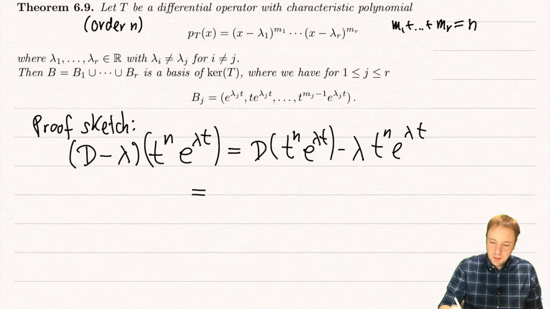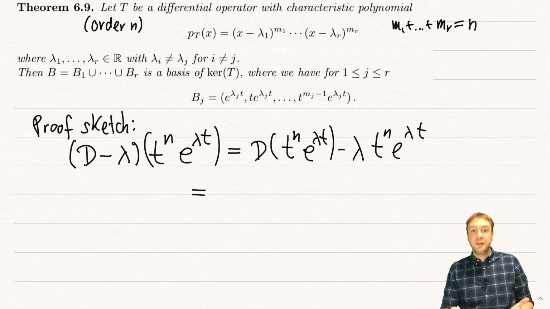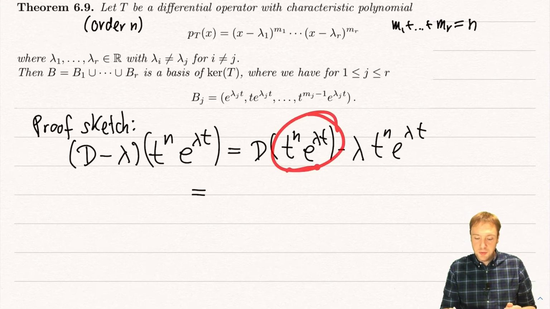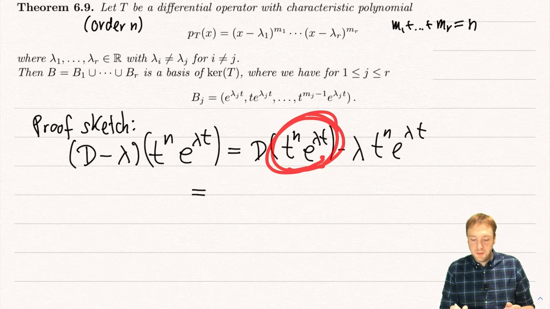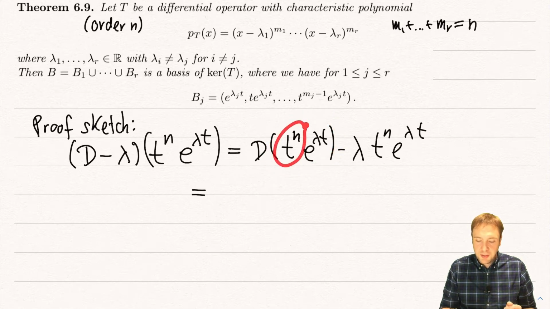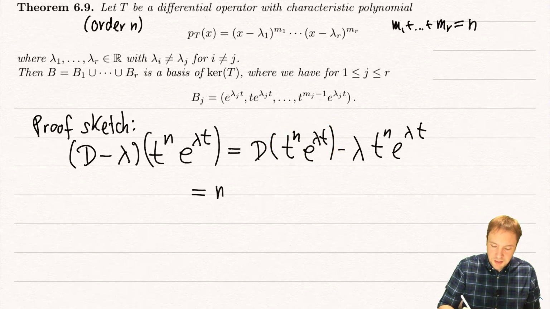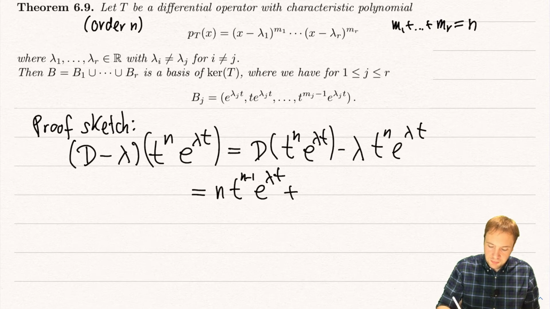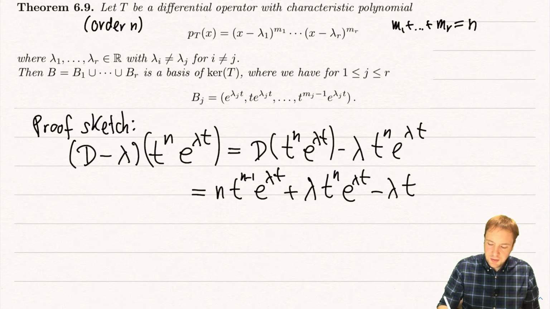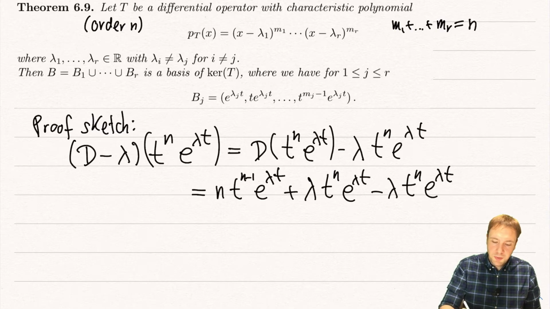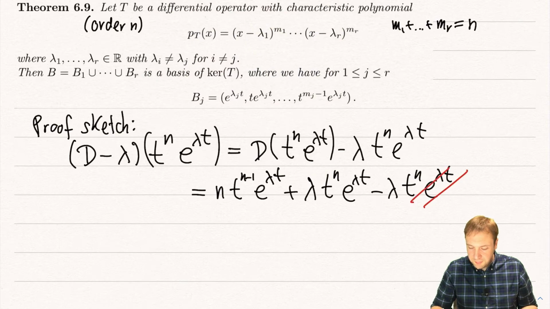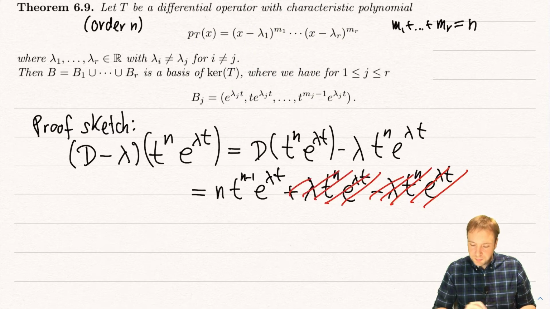But now again, similar to the example, we can use the product rule to take the derivative of this. Meaning we need to take the derivative of t to the n, which is n times t to the n minus 1 times e to the lambda t, plus, and then take the derivative of e to the lambda t. So lambda times t to the n e to the lambda t, minus lambda t to the n e to the lambda t. And again, here this part cancels out.